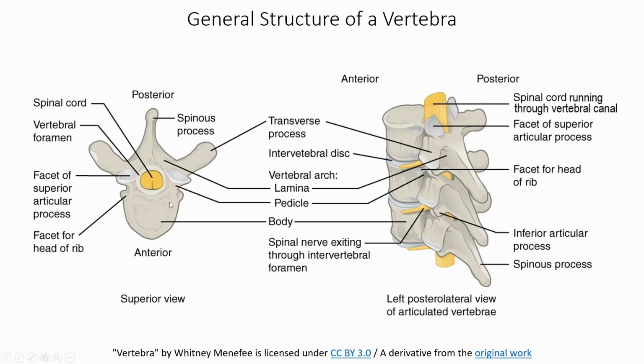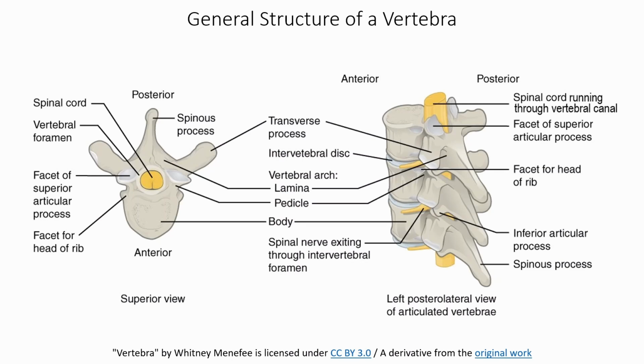We have a pedicle, this is one on each side, which is then going to lead us to the transverse process, and there's a transverse process on each side as well. And then at the very back, we have the spinous process. So if you think about what you feel, if you were to run your fingers down someone's back to feel their vertebra, you would most likely be feeling their spinous process.